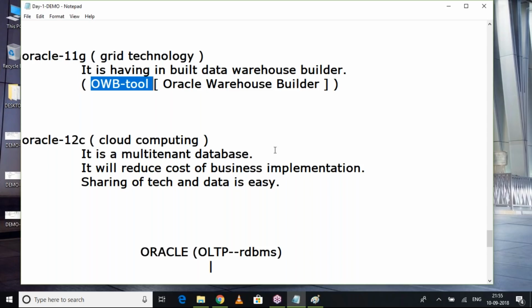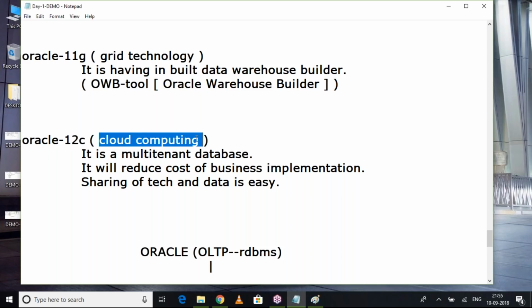And the latest version is Oracle 12C. C stands for cloud computing. What is cloud computing? Oracle 12C is implemented based on cloud technology. Why cloud? Without cloud, what is the problem? That part we can see tomorrow.